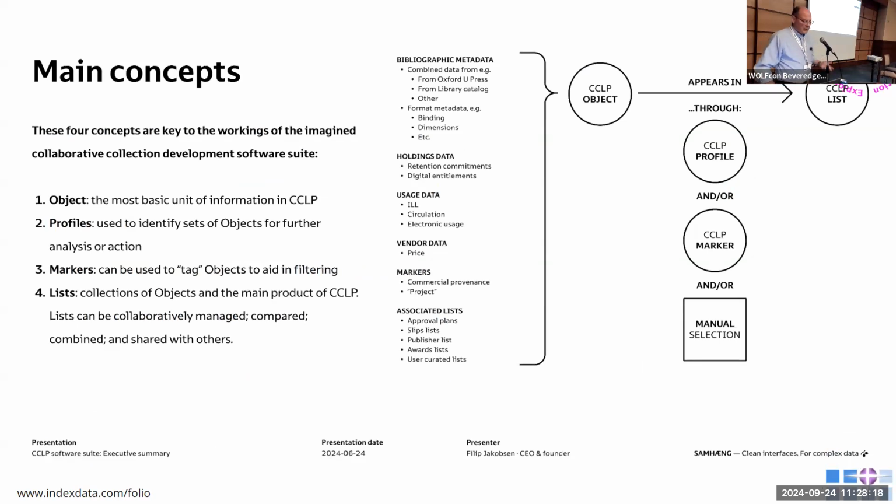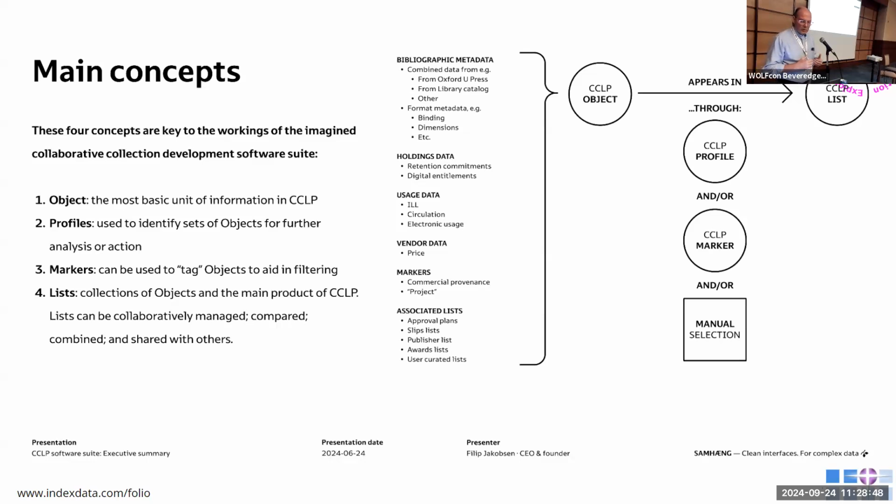So the key concept with CCLP is that you're going to pull data, all kinds of data, from different sources. So you're going to pull bib data, holdings data, usage data, vendor data. We have publishers that we're working with to contribute. And then you're going to allow libraries to tag, markers is the term they're using, this data, query this data, and collect it to create lists.